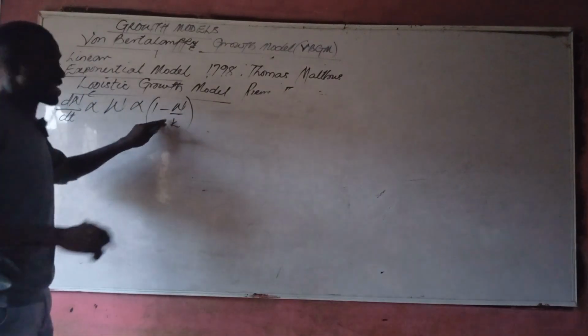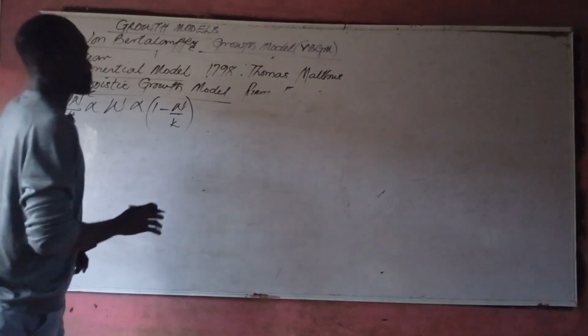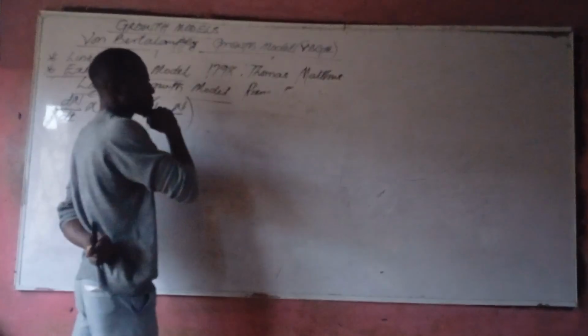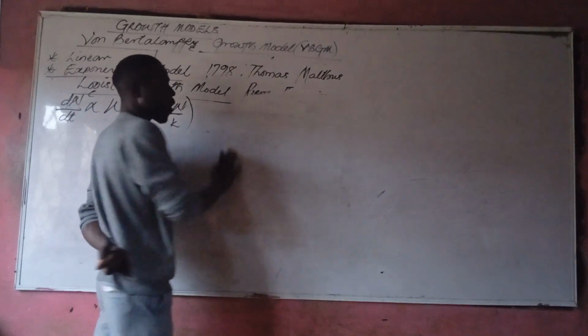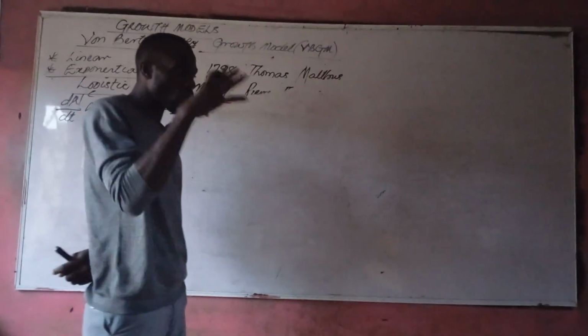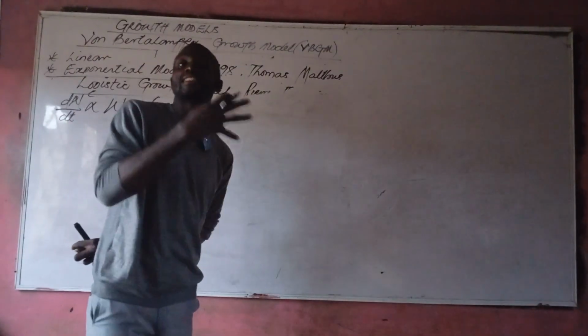Then you ask me, where did I get this from? I'm going to show you. You see, the space available will be a ratio of the amounts of space that that environment can take.